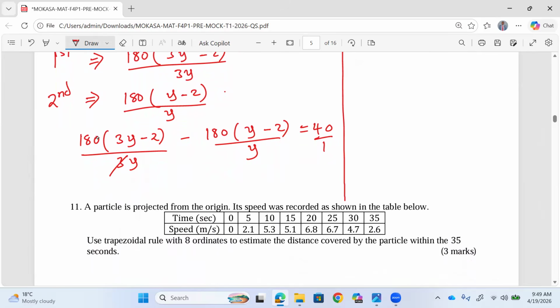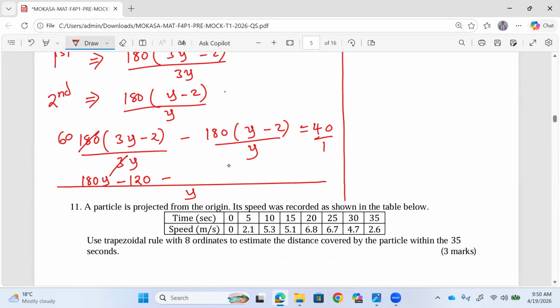For example, the 3 here can cancel to give us 60. So that now we talk about the LCM of y. The LCM is y. y divided by y, we get 1. So 1 multiplies the numerator, which is now 180y minus 120.